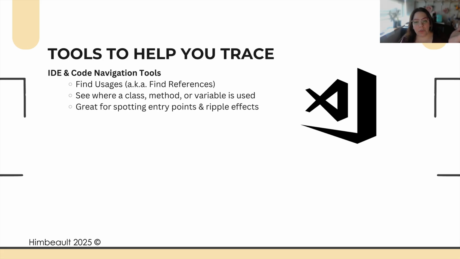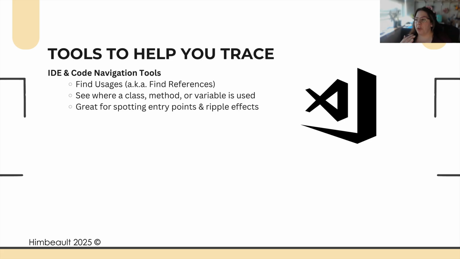So like I said, there are lots of tools that can help you trace, depending on the IDE that you're using. For example, if you're working in Java and you're working in VS Code, we've got things like find usages or find references. If you click on a method header, you're able to determine where that is being used. Where does that class get used? Where does that variable get called?